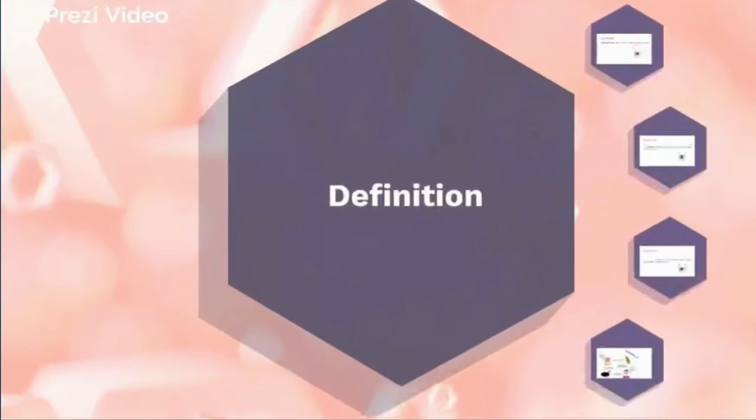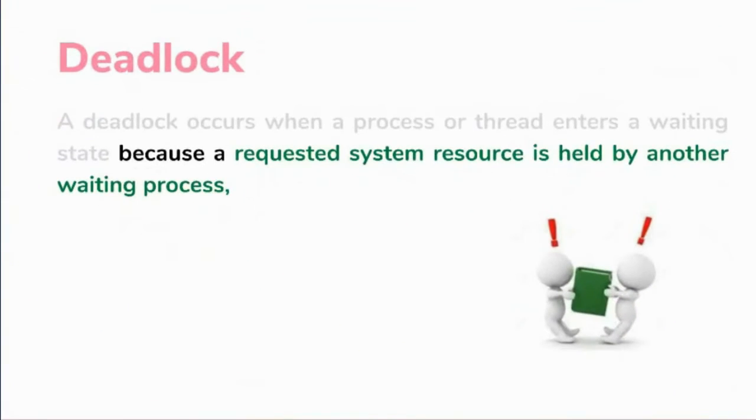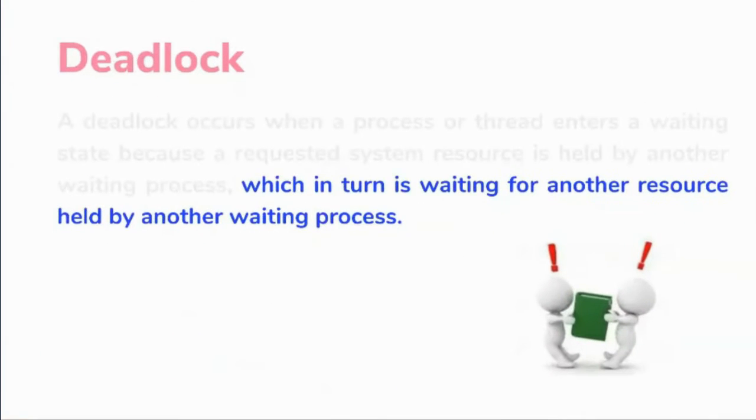The definition of deadlock says that a deadlock occurs when a process or thread enters a waiting state because it is requesting a system resource which is held by another waiting process, and that waiting process is also waiting for another resource held by another waiting process. In simple terms, when two processes are trying to get a resource which is held by another waiting process, a deadlock will occur.